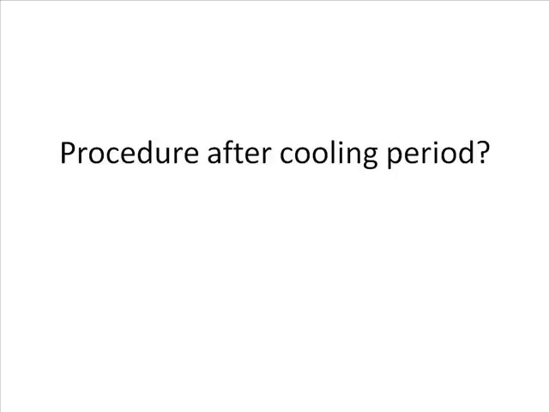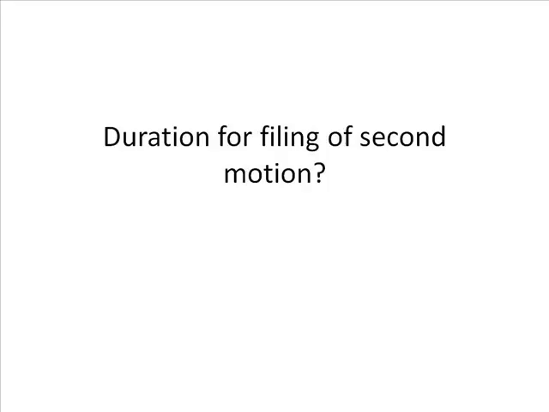So once again, if you have missed this part, what is the duration for filing of this second motion? The second motion petition may be filed at any time between 6 months and 18 months from the date of the filing of the mutual consent divorce petition.